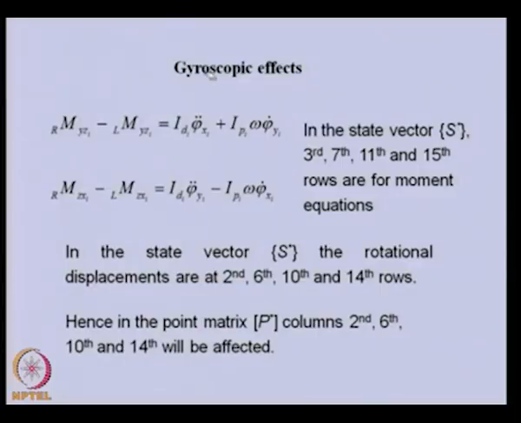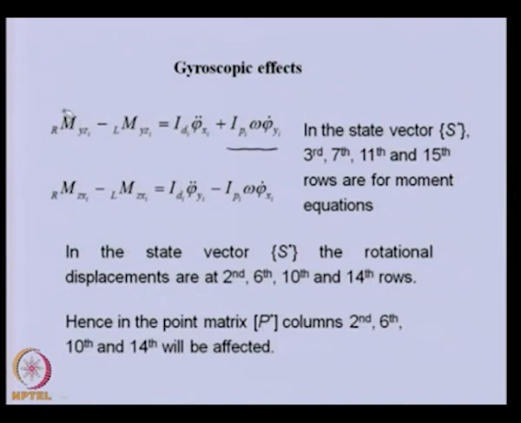In the previous lectures, when we dealt with the gyroscopic effect, we obtained the gyroscopic effect expressions. Now, we will use them directly here. Earlier, when we developed the point matrix for the disk without gyroscopic couple, we had this kind of moment equation, only this term was not there.